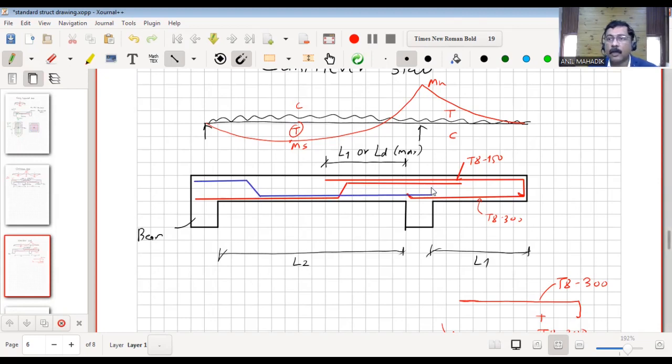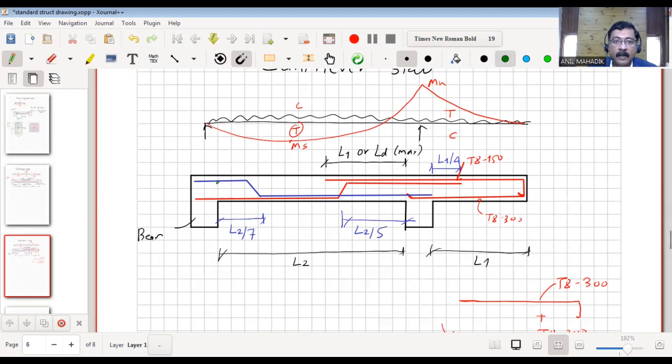So this is your detailing, and this part is same. L2 upon 7, then this one will be L2 upon 5. And this continuation also, from here to here, it will be L1 upon 4. So this is the detailing.